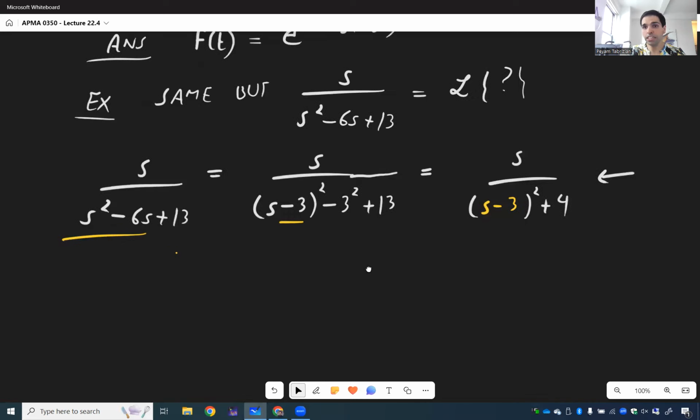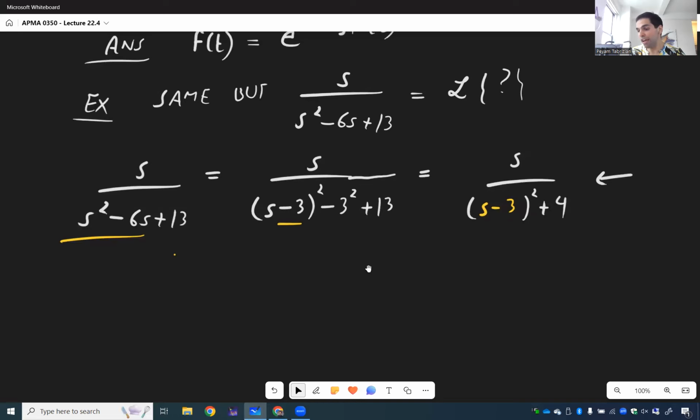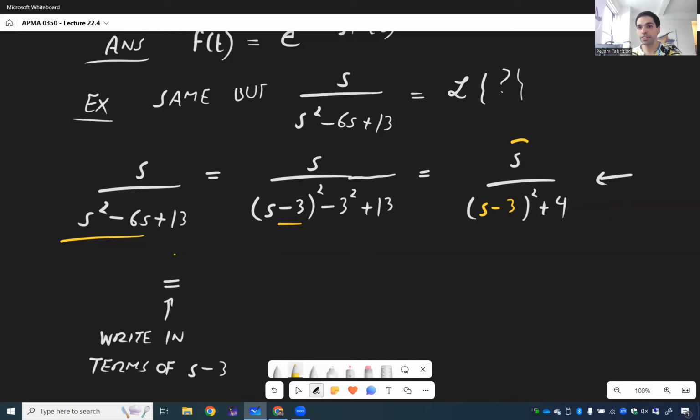And what we really need to do is write everything in terms of s minus 3. And the question is, what can we do with this s here? Well, here's the trick: s is s minus 3 plus 3.